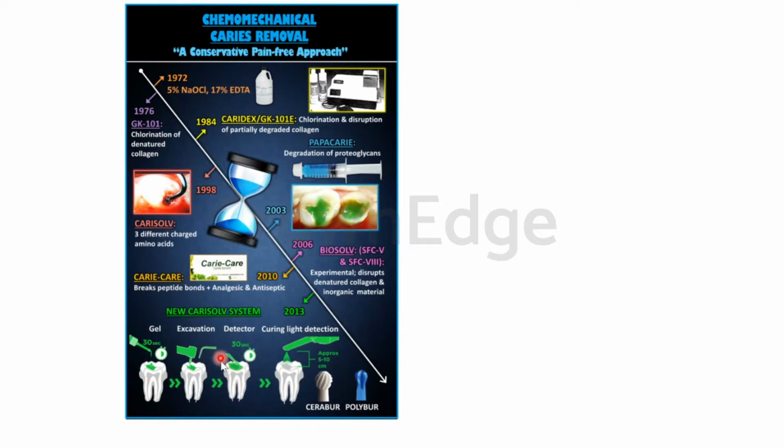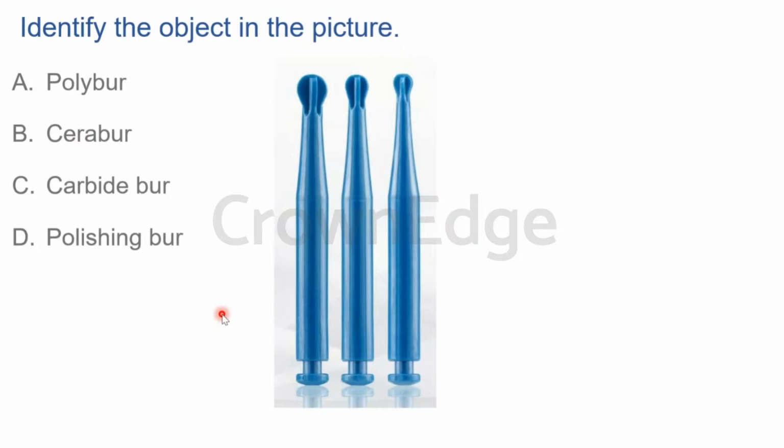It also came with its own specialized hand instruments and its own burs. All right, so this is the new Carisolv system. This came in 2013 by Rubicon Life Science, and it's an advanced gel, a new excavation technique, and they came up with a new patented caries detector, which can be detected using your curing light as well.